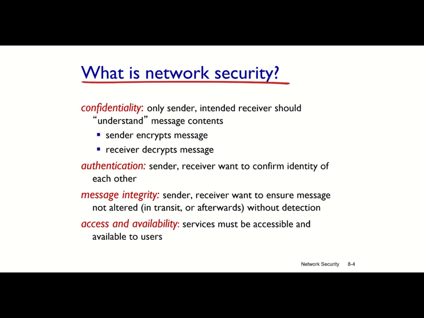And at the same time, you should be able to confirm the identity of the Facebook web server. And then message integrity means that both sides of the communication should be ensured that their messages are not altered without detection. And then obviously services must be accessible and available to users, and that is a big part of network security.